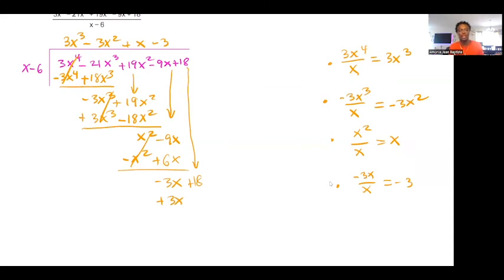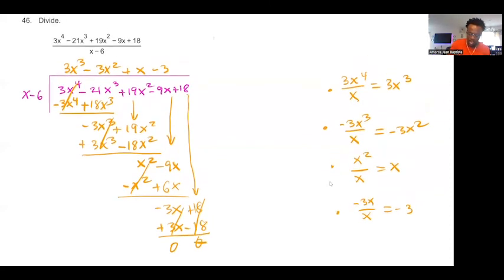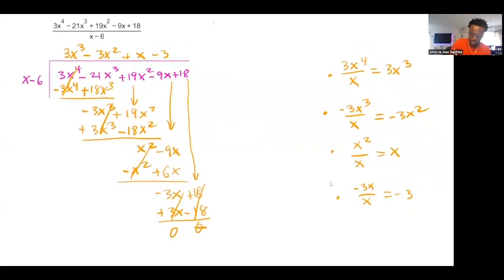Negative 3 times negative 6, that's positive 18. So subtract 18 here. That cancels the 3x, and that cancels the 18. Remainder is 0.